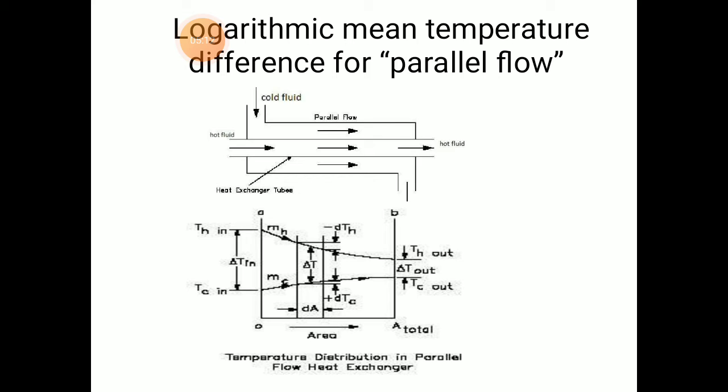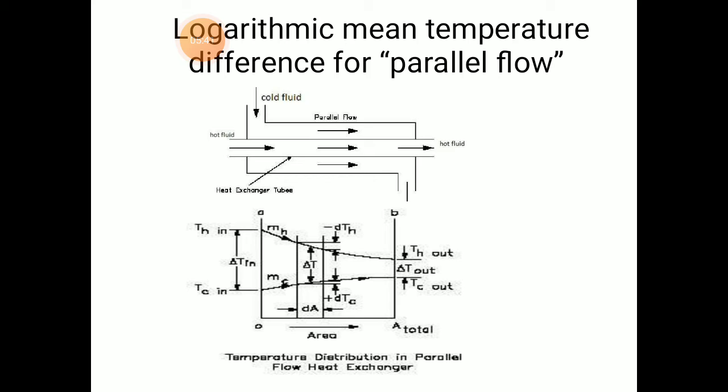Let's say we denote TH and TC for hot and cold fluid respectively. Let's say CH is equal to heat capacity of hot fluid and CC is the heat capacity of cold fluid, and heat capacity is the product of mass flow rate multiplied by specific heat of that particular fluid.